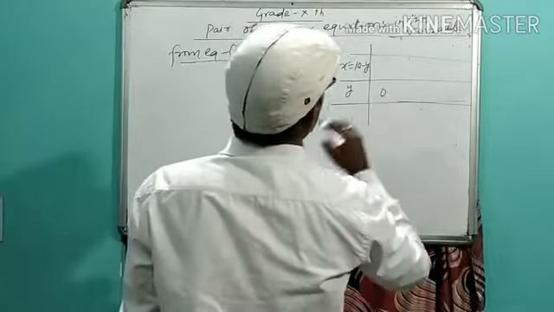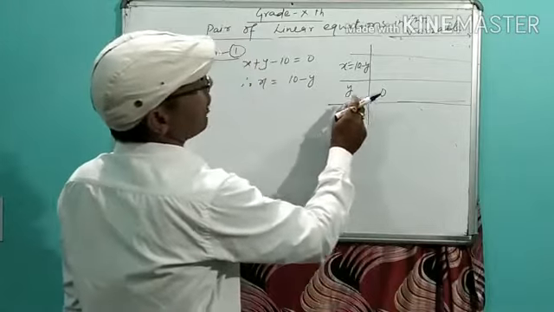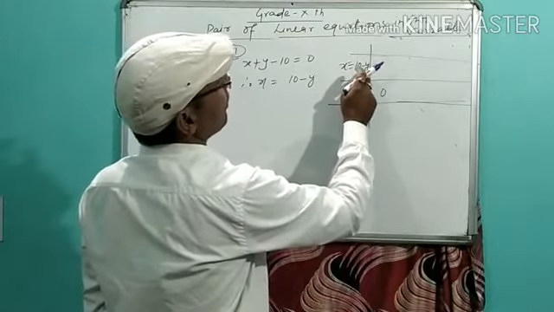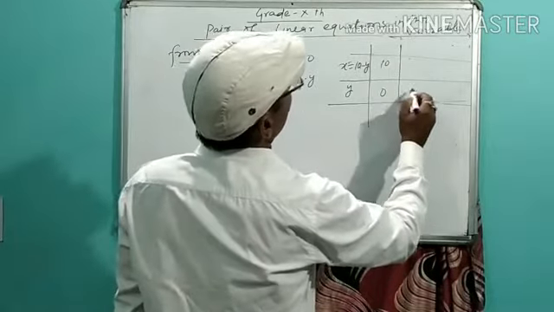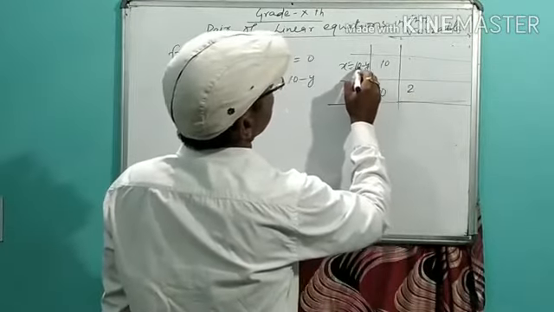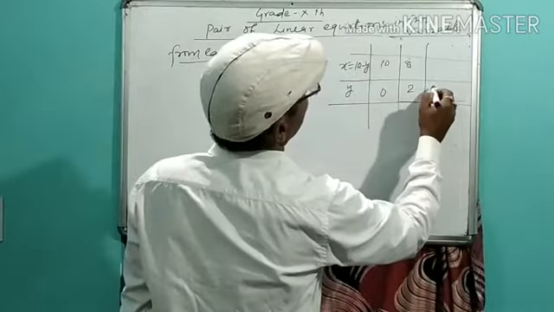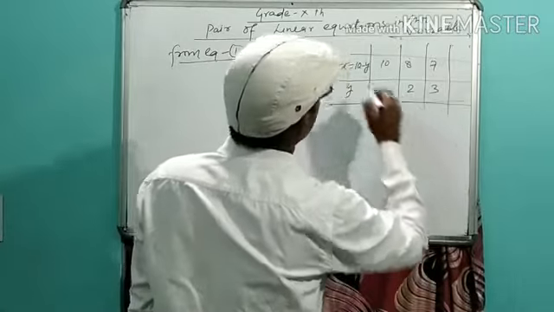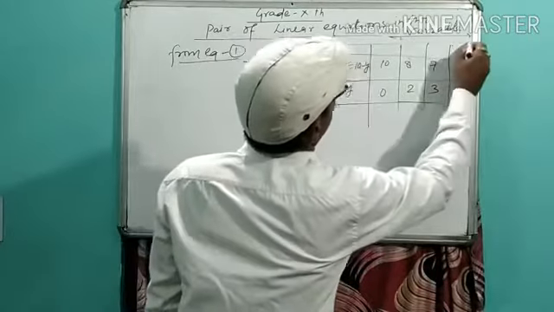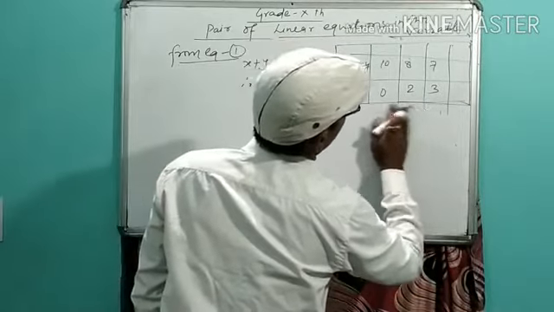Suppose here y is 0. If the value of y is 0, then what will be the value of x? 10. Then 2 and 8, then 3 and 7. Okay, no need to take more.